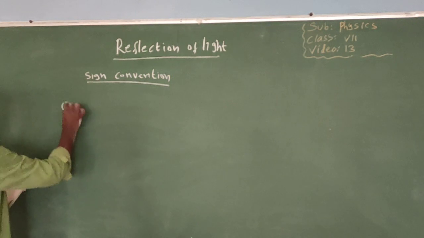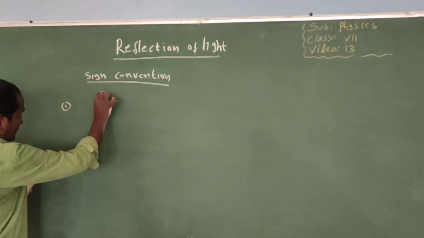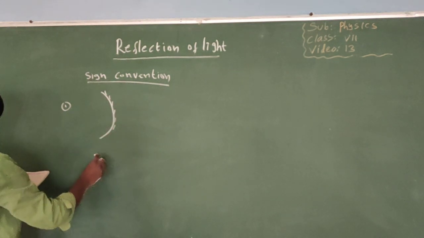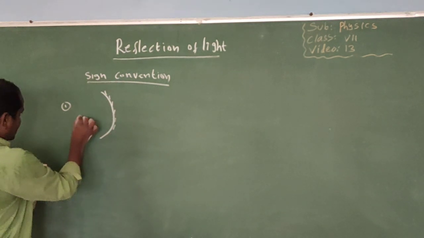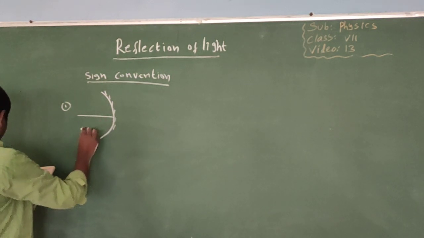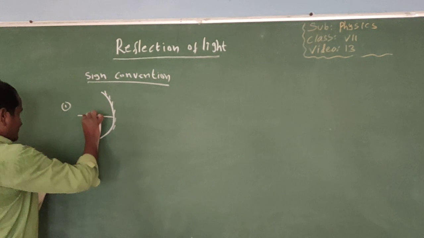First one, it is a concave mirror. This is the principal axis. This is the object.